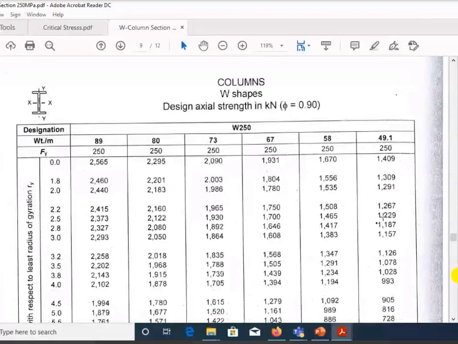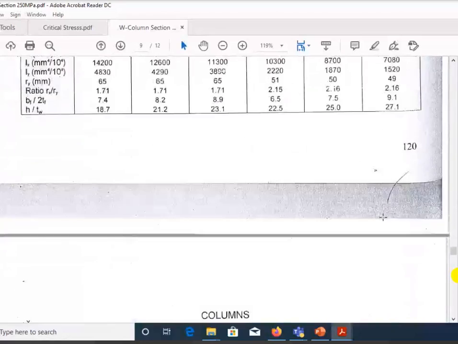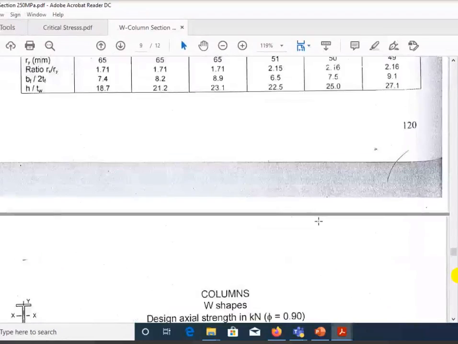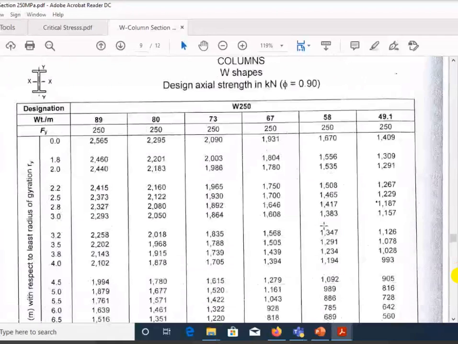If it fails, then the second trial section will be this one. And if this also fails, then the third trial section will be this 58. So in order of increasing weight, I will apply the checks on the trial sections.